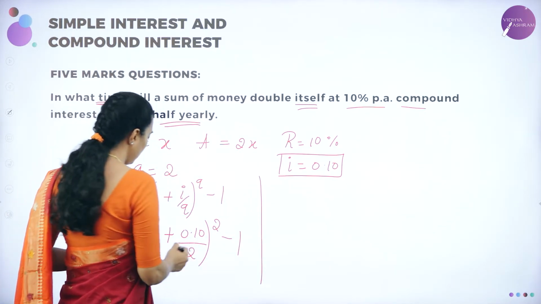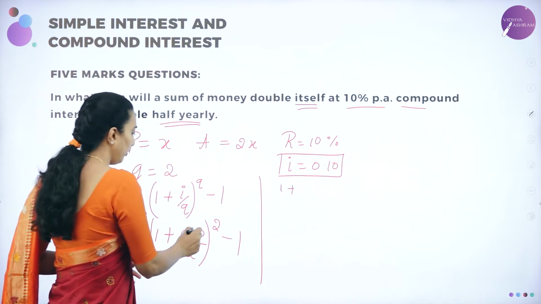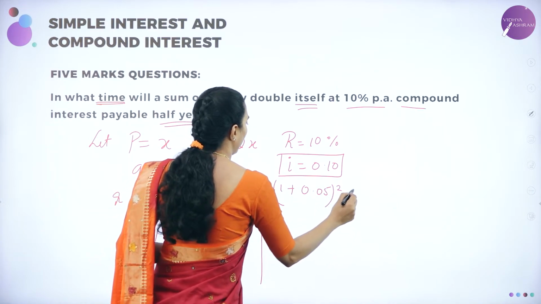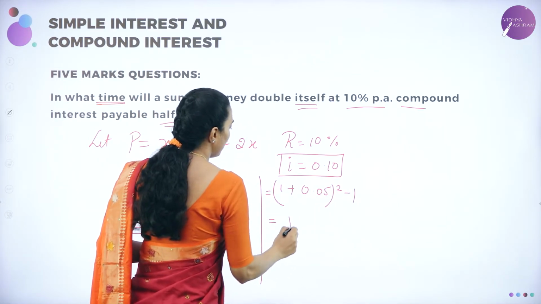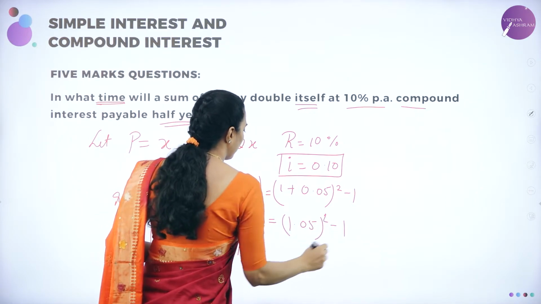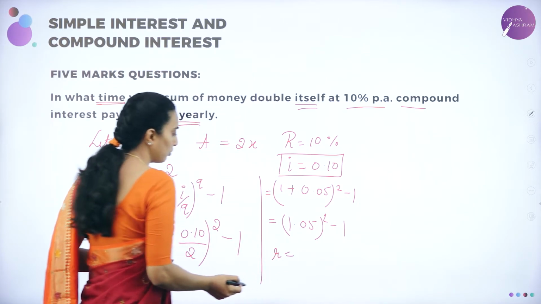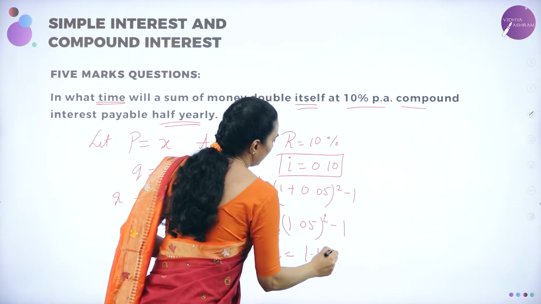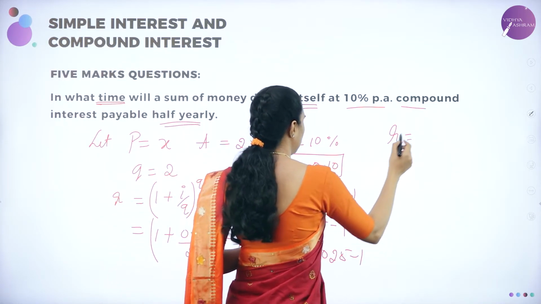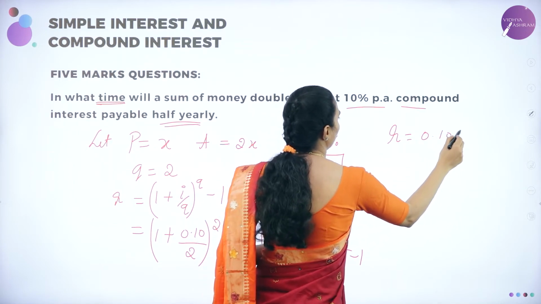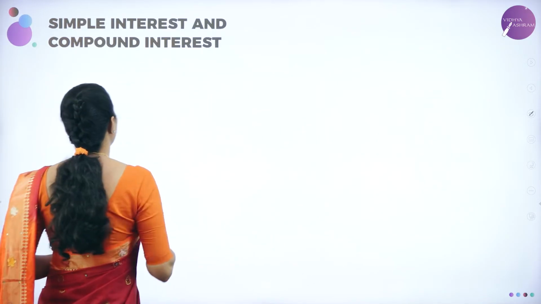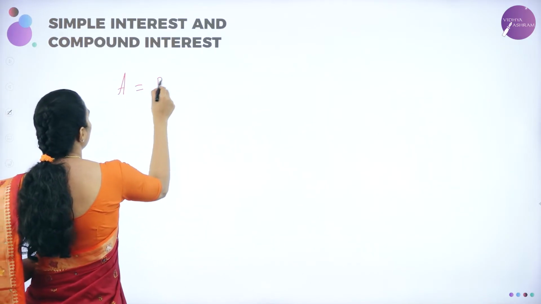You know this: 1 plus 0.05 whole to the power of 2 minus 1, which is 1.05 squared minus 1. Therefore R will be equal to 1.1025 minus 1, so R is equal to 0.1025.